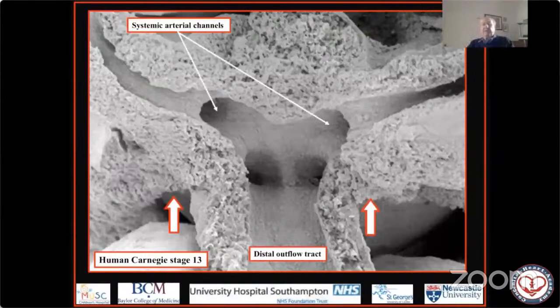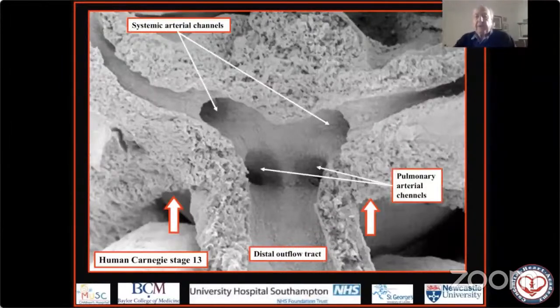And arising from the aortic sac cranially, we have the systemic arterial channels. They are going to supply the fourth arch arteries. Arising caudally, we have the arteries that will feed the pulmonary circulation, and those are what we now call the pulmonary arches.